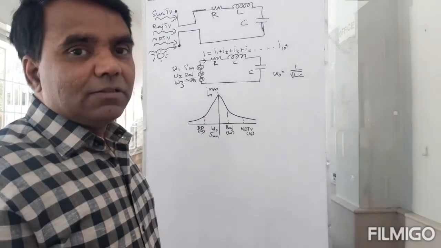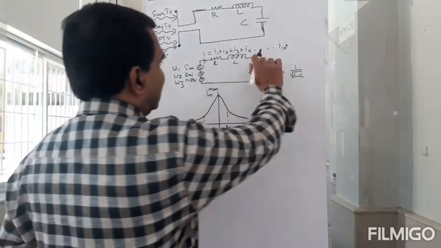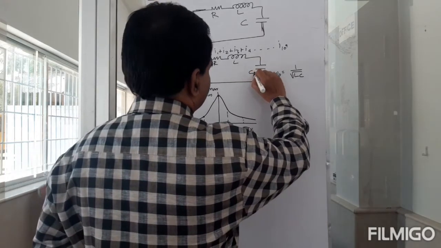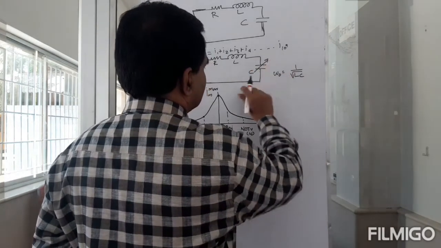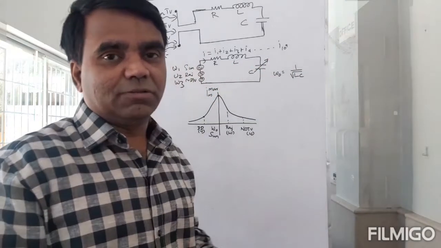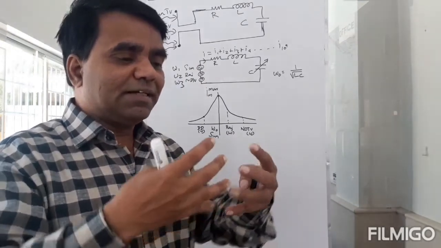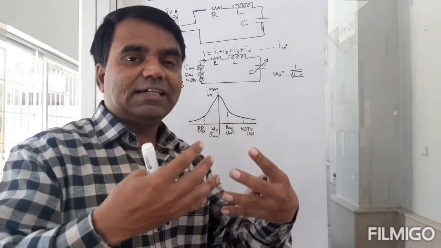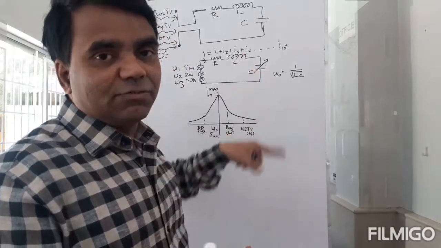So suppose I change the capacitance value. Suppose my capacitance value is changeable. By changing the area of the plates of the capacitor, I can change the capacitance value.